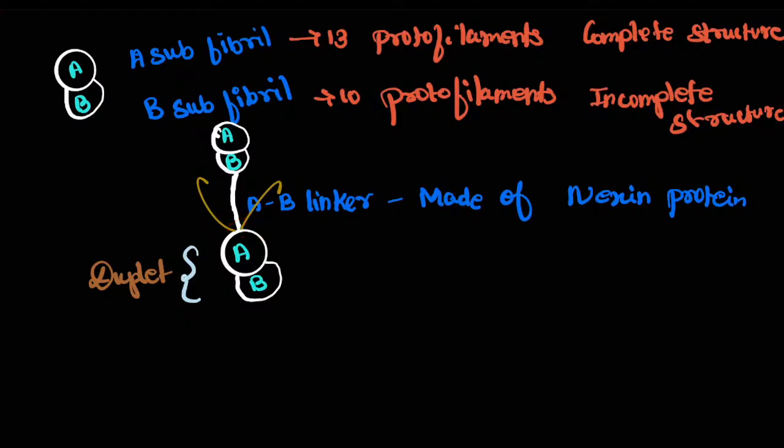Now, one thing that I would like to tell you all is that when contraction happens, this hook and this hook will make a bond. Both the hooks, the outer hook and the inner hook, will make a bond with B in order to pull them together.